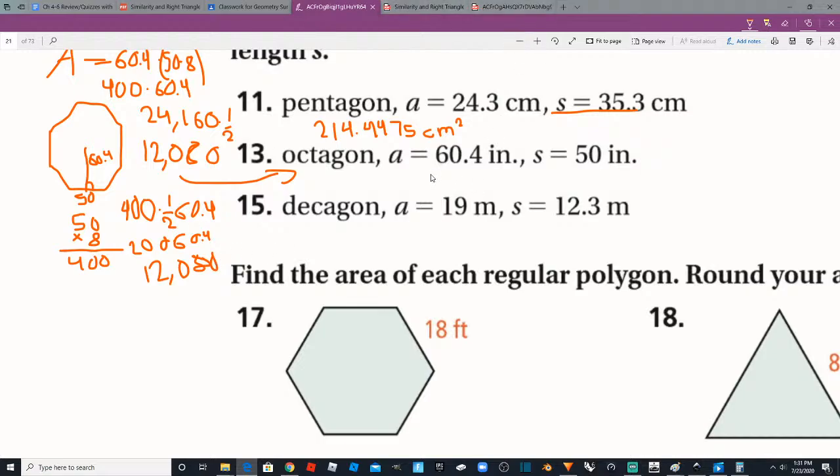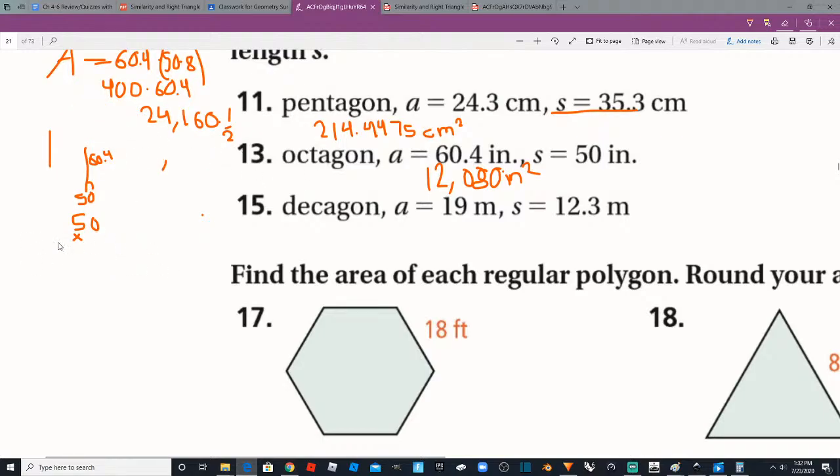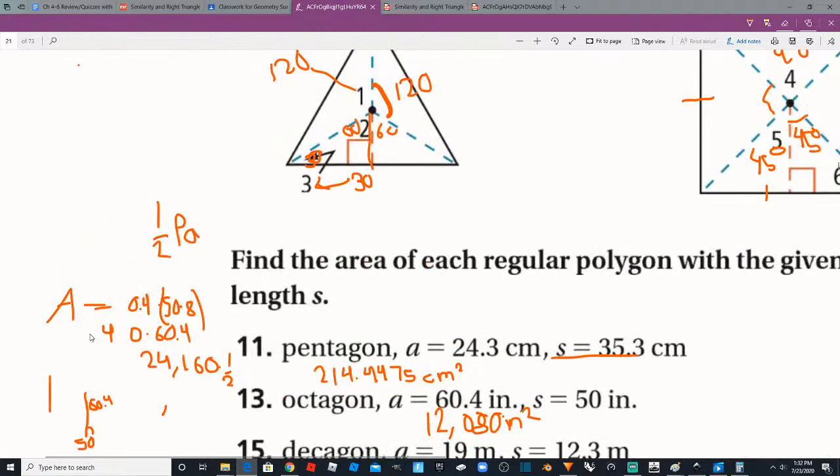So let me just write that here: 12,080 inches squared. So let's erase this stuff so we have space. Yeah, we need some space for problem 15.